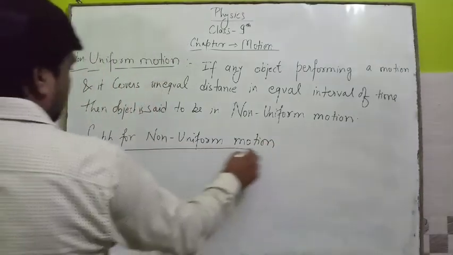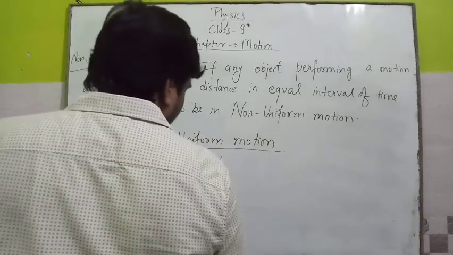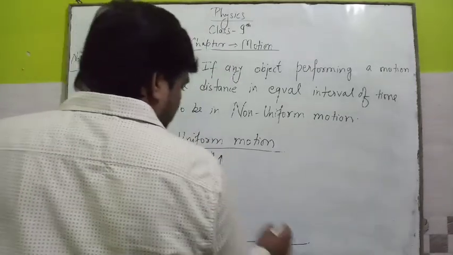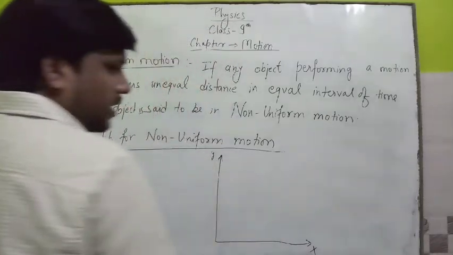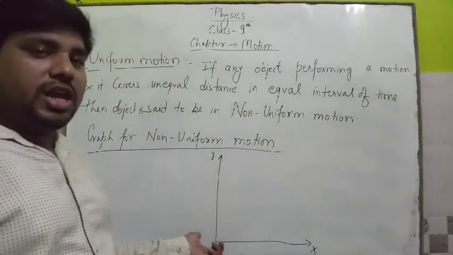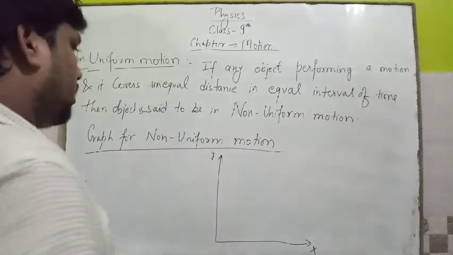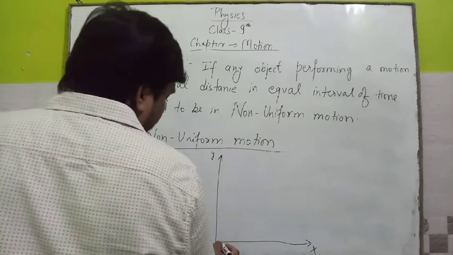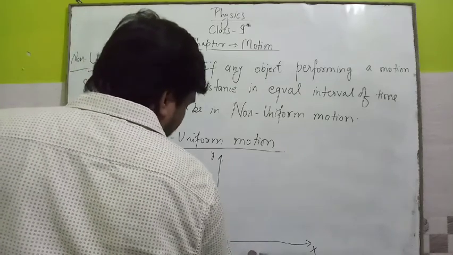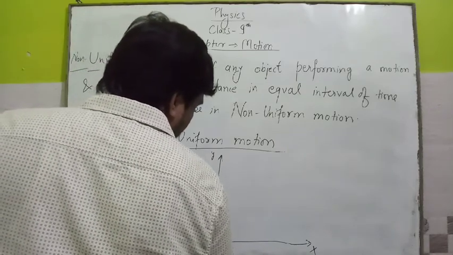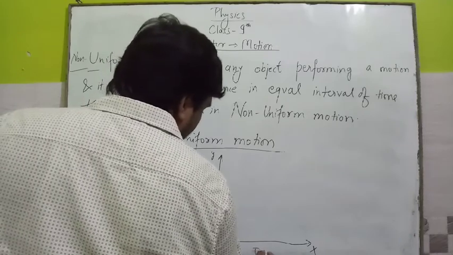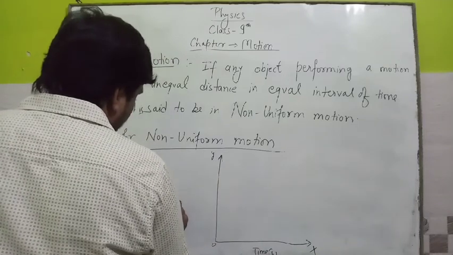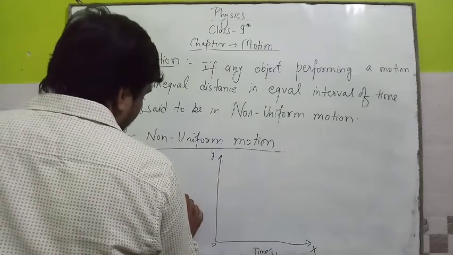Again this is the y-axis, this is the x-axis. Again I am saying, you make this graph with the help of a scale. Here this is 0, our origin point. This is the time axis in seconds. This is distance in meters. Clear?